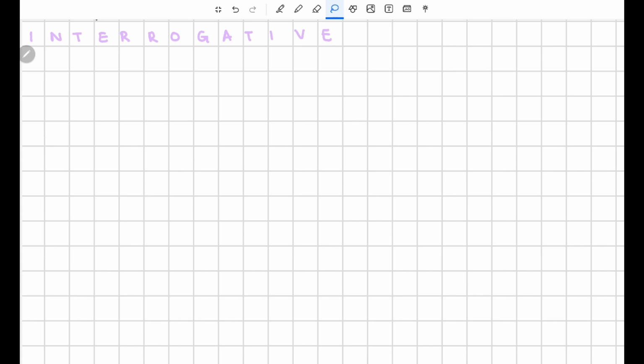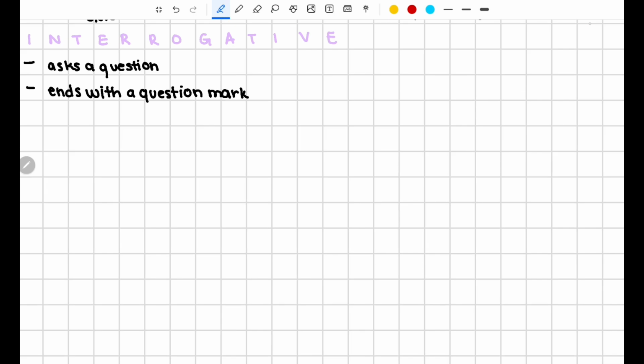Now let's go on to the interrogative sentence. The interrogative sentence asks a question and it ends with a question mark.